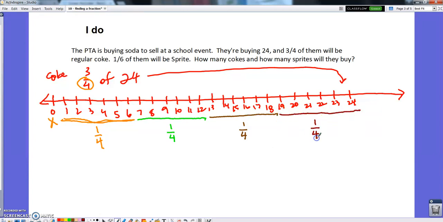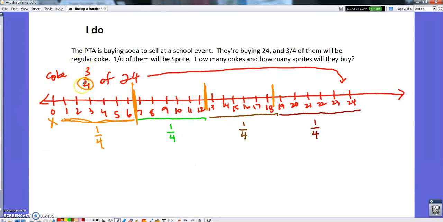You know, if I didn't count those just right, I can go back and make sure I have 6 in each group. But I'm just going to kind of take my number line and divide it into 6 kind of sections so that I know where I've got them. So there's 1/4, 1/4, 1/4, 1/4.